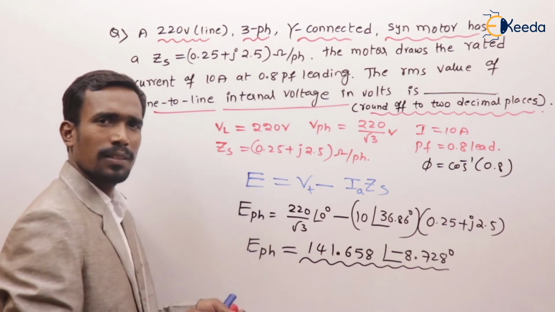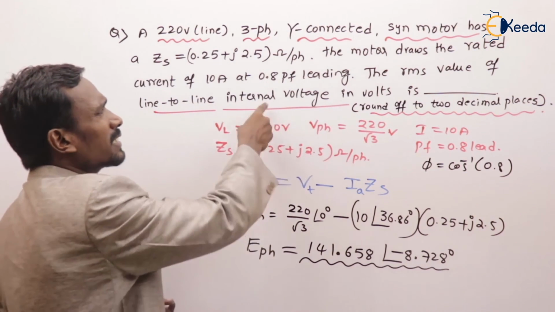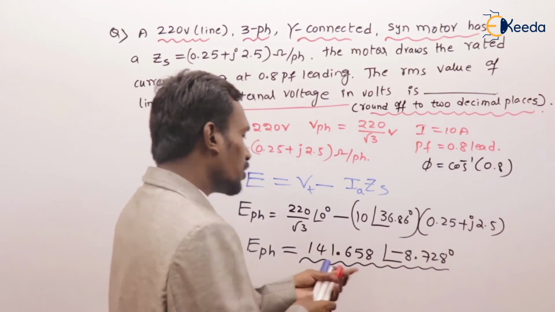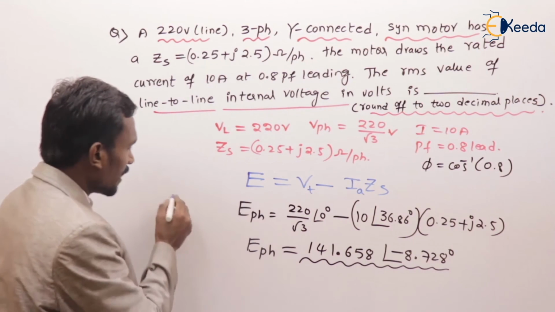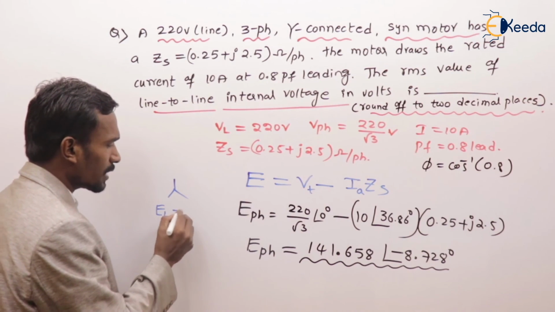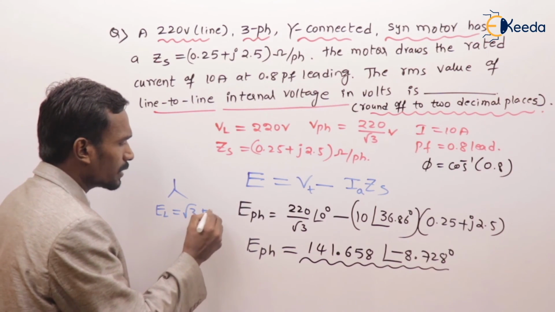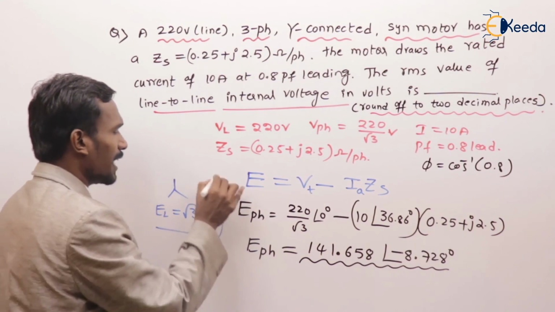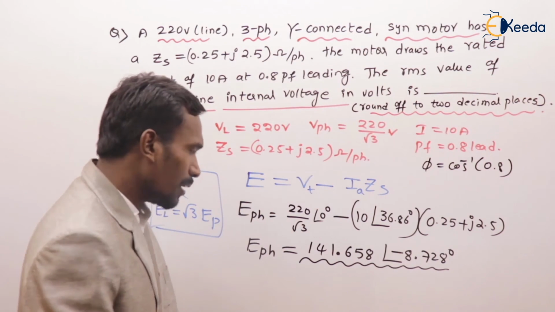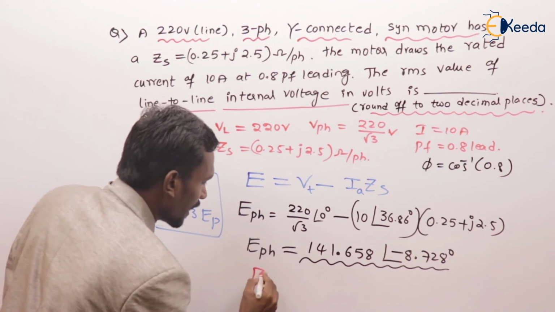This is the E phase value. But generally they ask in terms of line to line volts. For star connection, line voltage is equal to root 3 times the phase voltage. We know this. Now tell me, what is the line voltage?